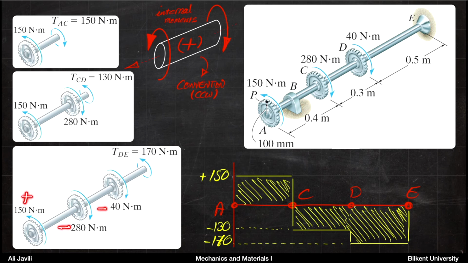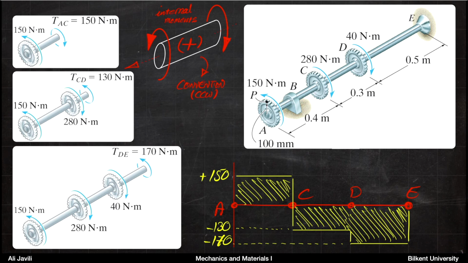So you would need 170 Newton meter in that direction, which again, if you look at it from an external perspective, so if you think that's an external moment, that looks counterclockwise, so that should be positive, but it's not, because it is the opposite of what we have here on the convention that we assume. So it's on the other side. So that's minus 170 Newton meter.